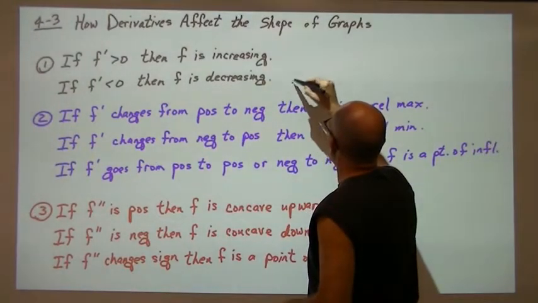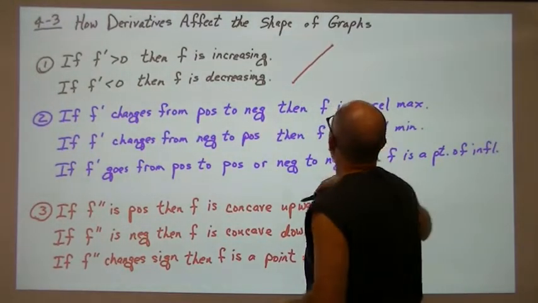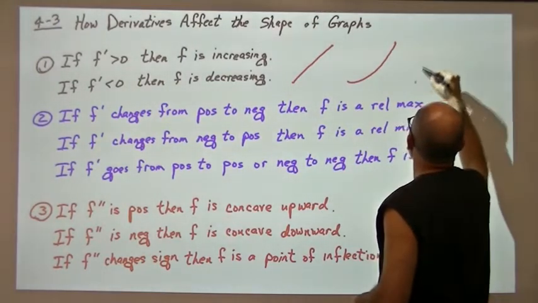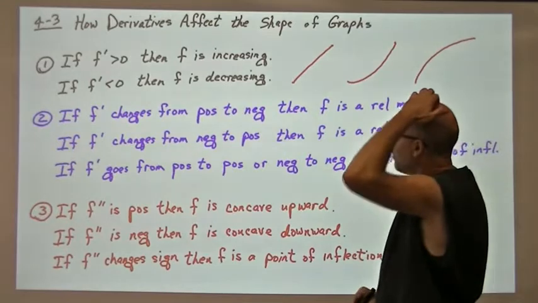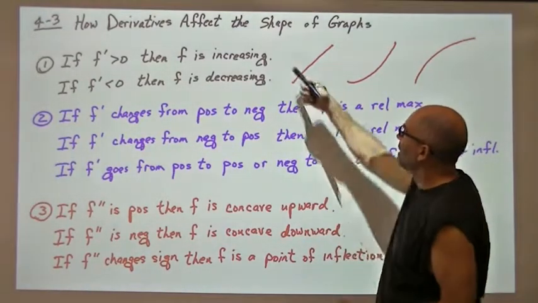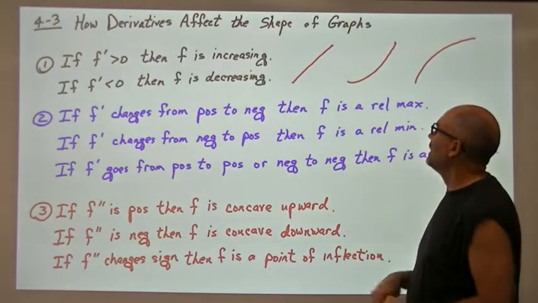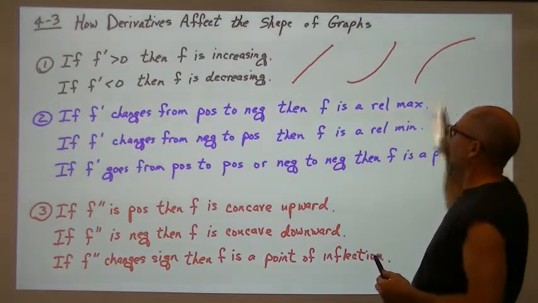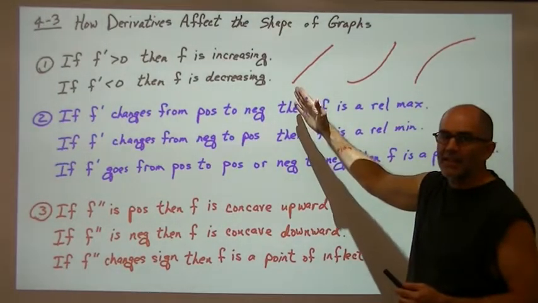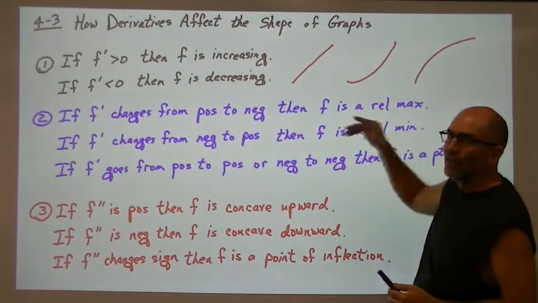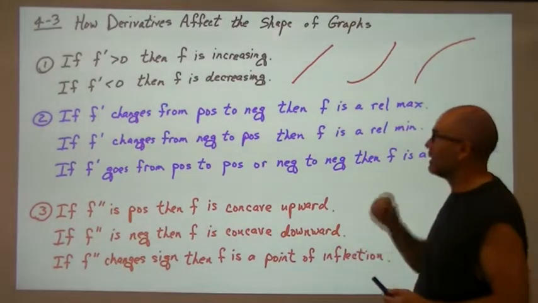So it could be going up like this, or like this, or like this. But the point is, it's increasing for sure. Now when we say it's increasing, what we mean is, as we go from left to right, as x gets greater, f of x gets greater. That's what it means to increase.